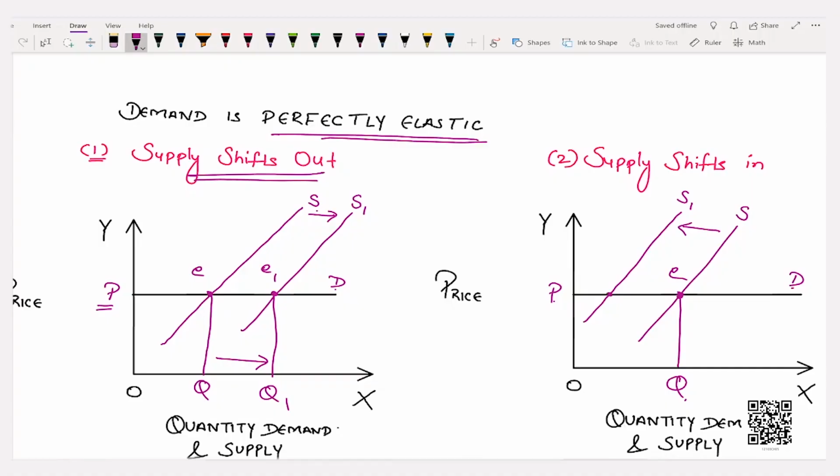When the supply curve shifts leftward from S to S1, we attain the new equilibrium point E1, because this is the point where the demand and supply curves intersect each other. The equilibrium price remains the same, but equilibrium quantity decreases from OQ to OQ1.